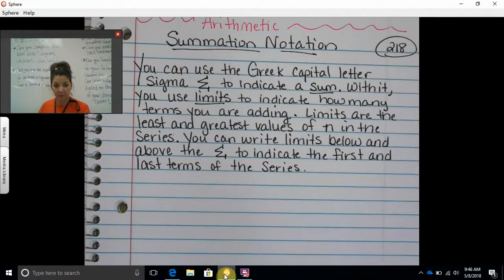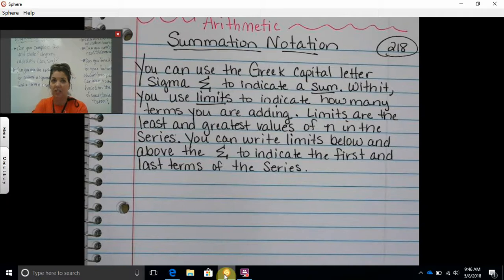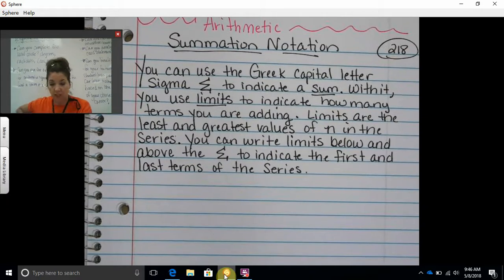Okay, some more Greek letters. Remember in the unit circle we had theta, that was a Greek letter. Now we have sigma, another Greek letter.